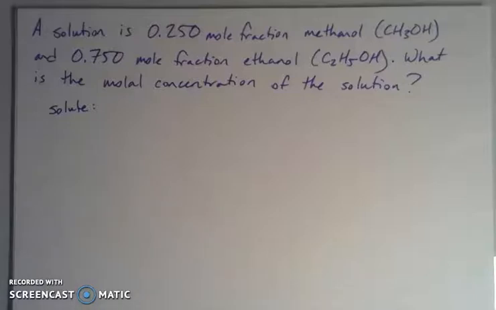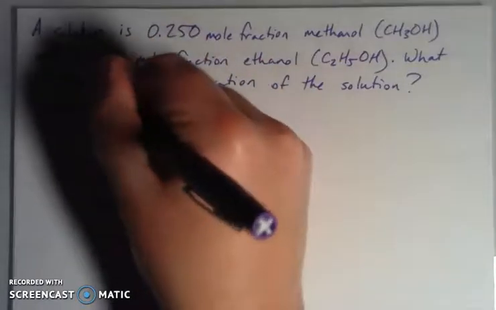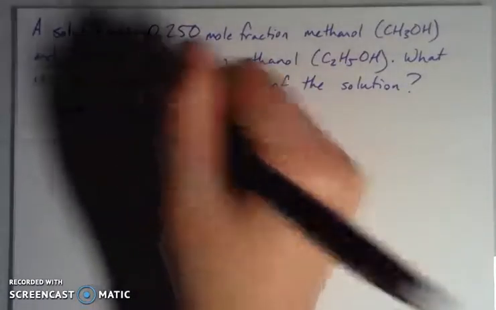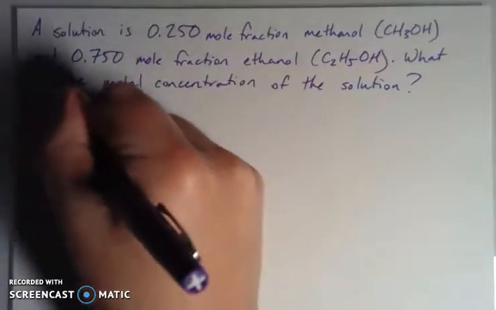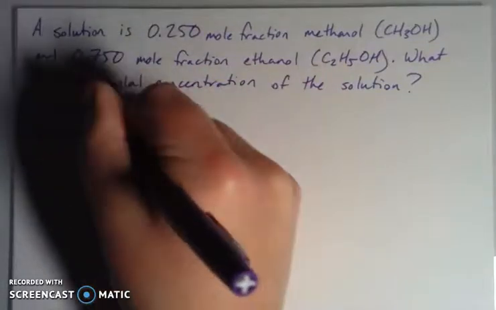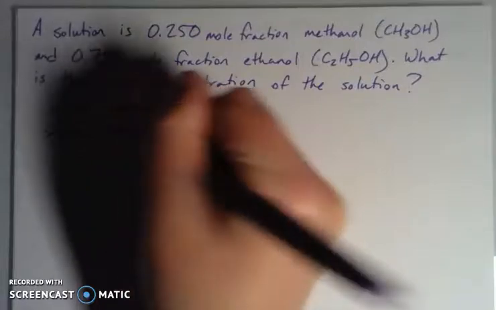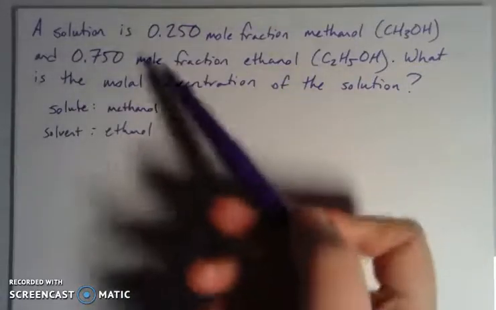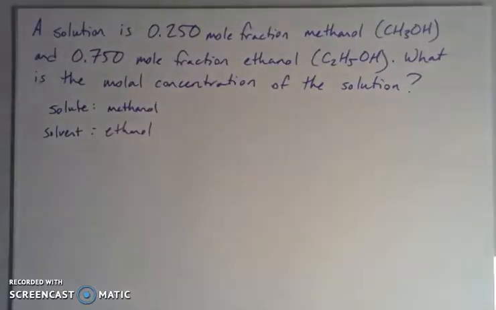Okay, so the solute is the one that there's less of, so that's going to be your methanol. And your solvent is going to be the ethanol, because there's more of it, right? Just going based on the mole fractions, I have more ethanol than methanol.